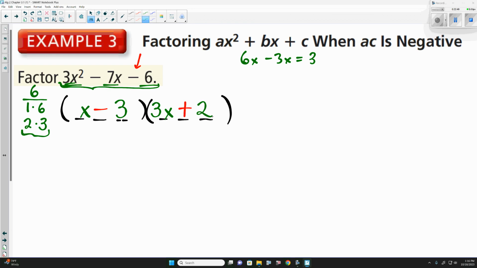Now, we don't have a greatest common factor between 3x and 2, or 1 and 3. And if we check this here, x times 2 is positive 2x. Negative 3 times 3x is negative 9x. And 2x minus 9x is negative 7x. Is that the middle term we wanted?